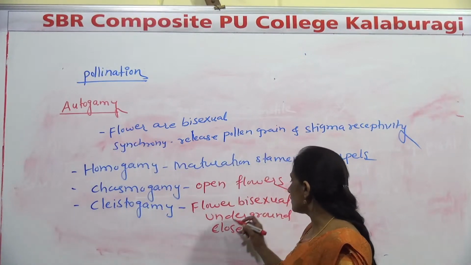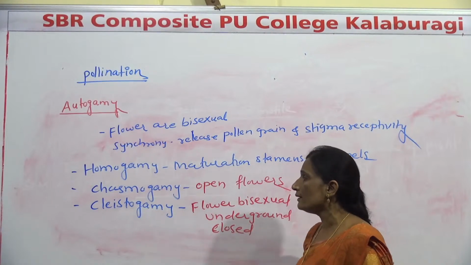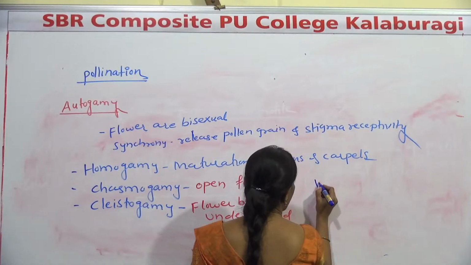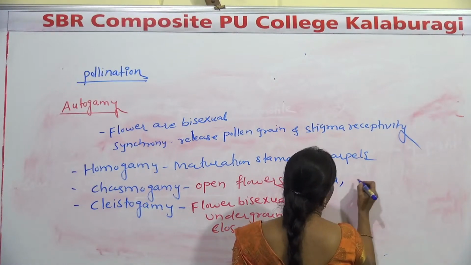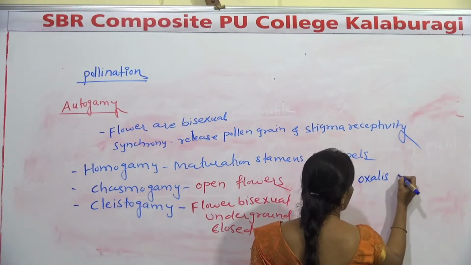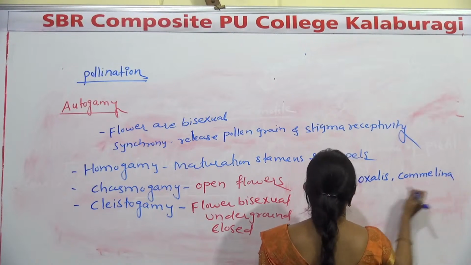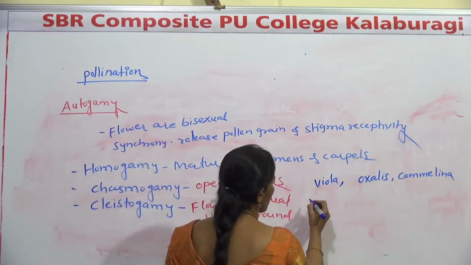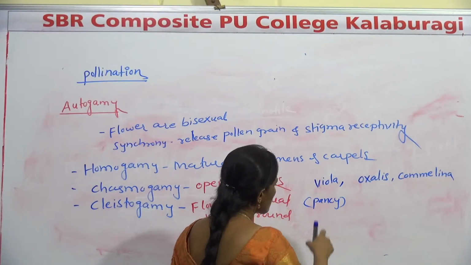Flowers are closed, bisexual and underground, so it is called cleistogamy. It occurs in some plants such as Viola, as well as Oxalis, as well as Commelina. Viola is also called the common pansy.